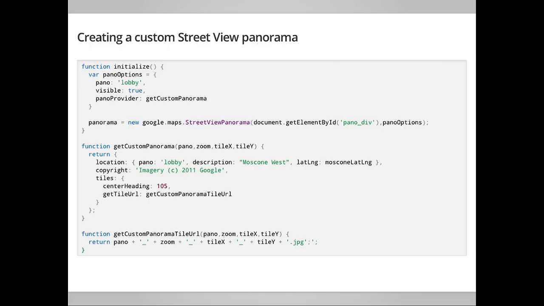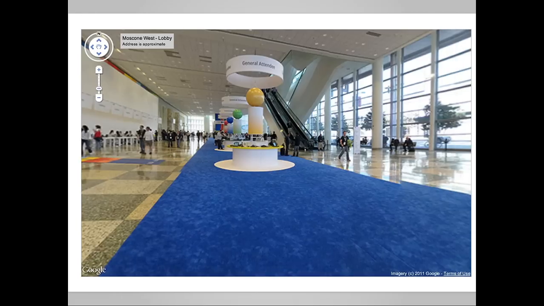We pass it once again to a really simple method that just appends some strings and produces a URL that gives the proper image URL for a certain zoom level and certain tile coordinates. It's a little bit different from latitude and longitude, but it's actually the same. It's just not the same numeric scale.